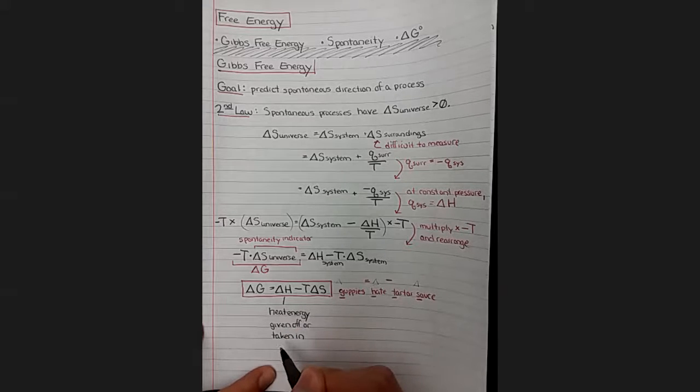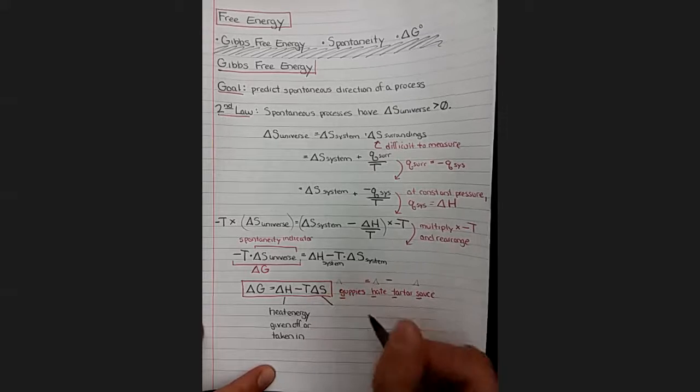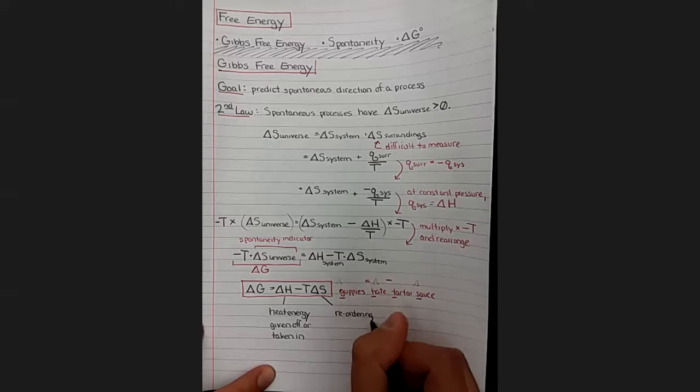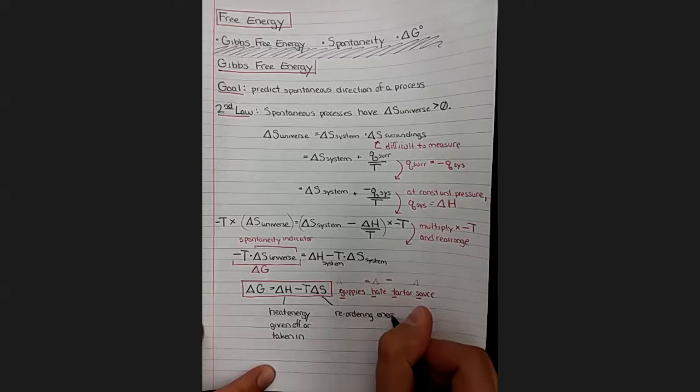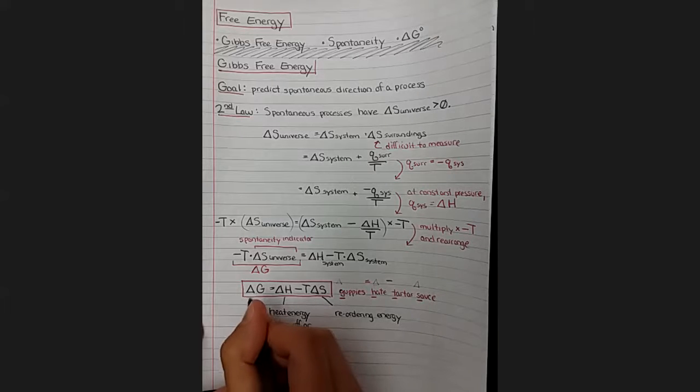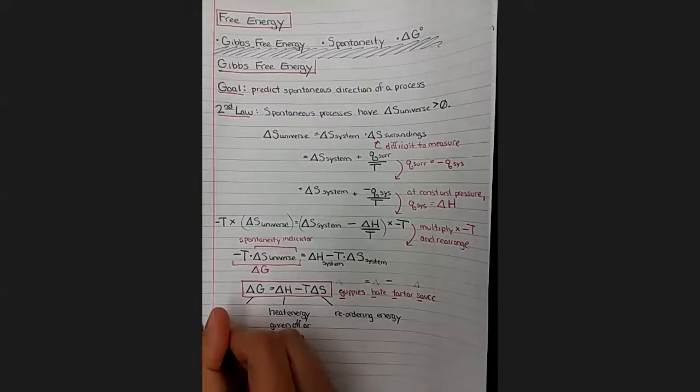This is the total, the maximum energy that we have to work with. Then this term over here, this is the reordering energy. Right, we had this much energy to work with, but we had to spend some of it to reorganize the particles in the system for this change. And so delta G is the energy that's left.